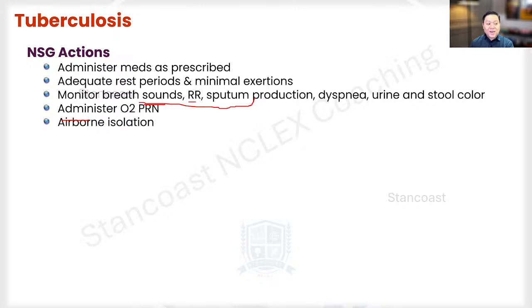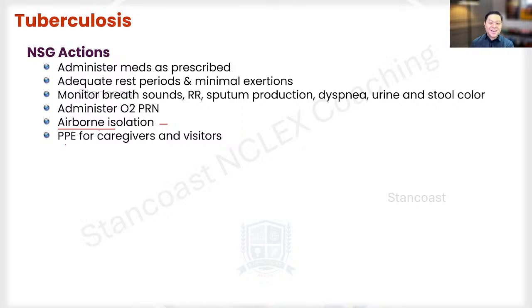Now, very important, guys, where are we going to place our patient, especially if they're admitted in the hospital? They need to be placed in a private room in airborne isolation. Okay, we want to make sure that we are preventing the spread of infection and protecting the personnel as well. Now, part of that would be to implement proper PPE for the caregivers and also the visitors.